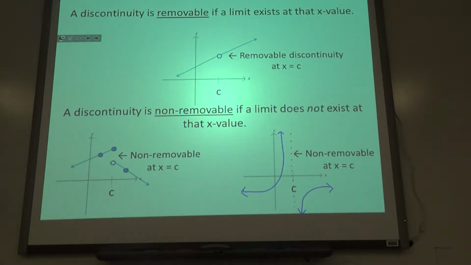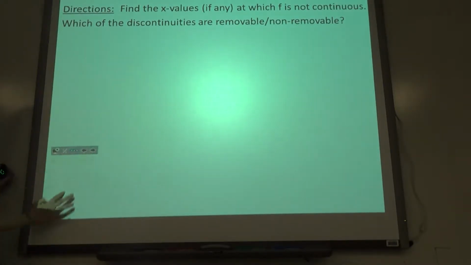So again, our calculator is going to be helpful, but there are some other things that we'll have to look at without our calculators. Okay, so this is pretty much the directions all day today. It says, find the x values, if any, at which f is not continuous.